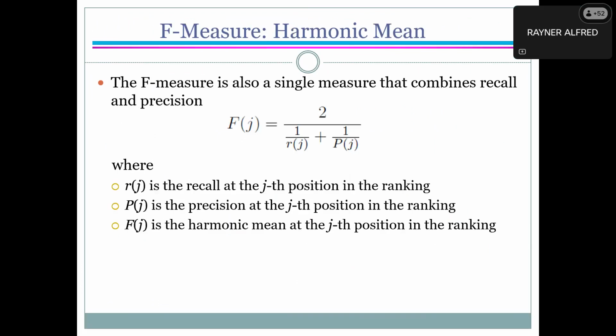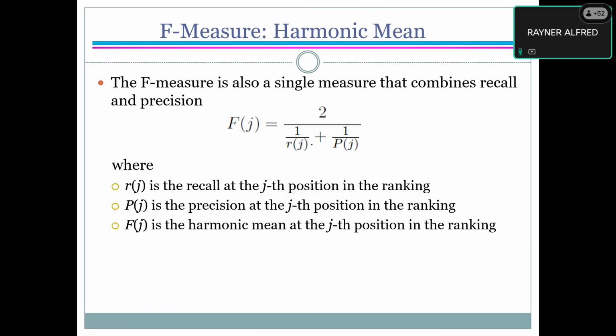Okay, last one, we have this. The most important metrics that we have in this class today are precision and recall, right? So there are two metrics that we are looking at. So they have introduced the F measure that combines these two. Because what we want to do is maximize the recall and also maximize the precision at the same time.